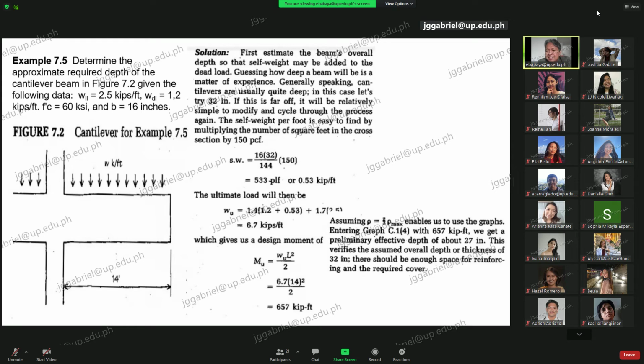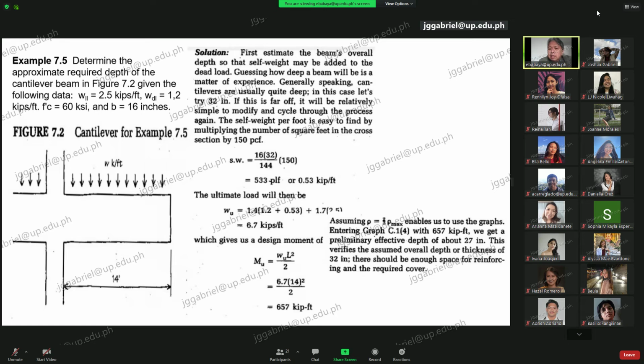Okay? Total height yon. And then we found that the effective depth is how much? 27. Now, we've said that the total height should not be equal to the effective depth. In our computation, we got the effective depth as 27. Tama?